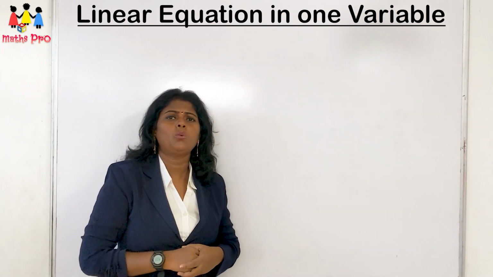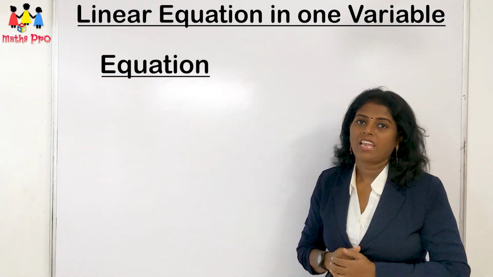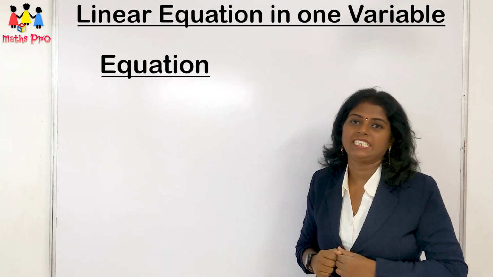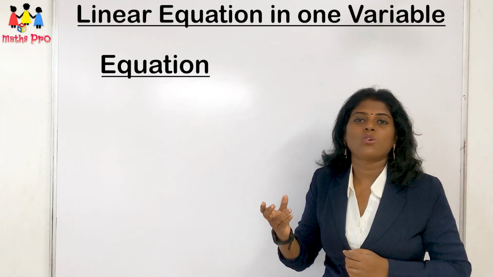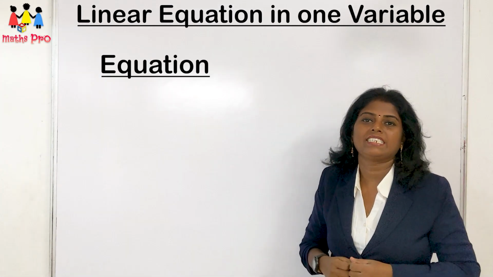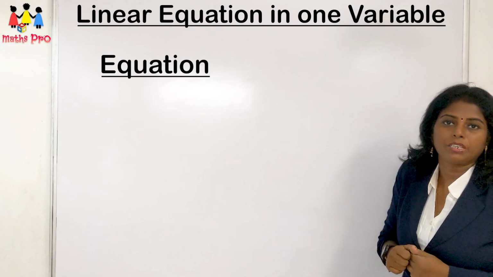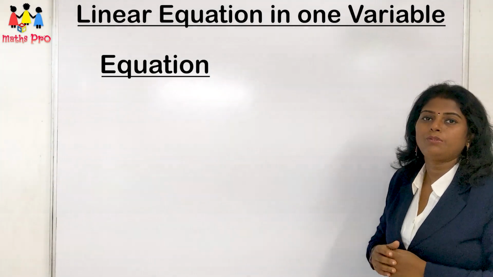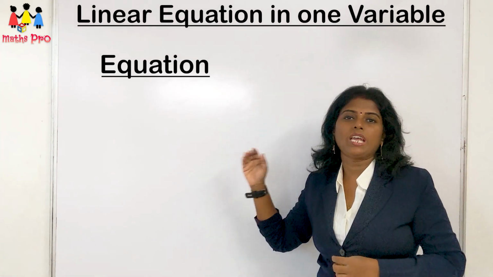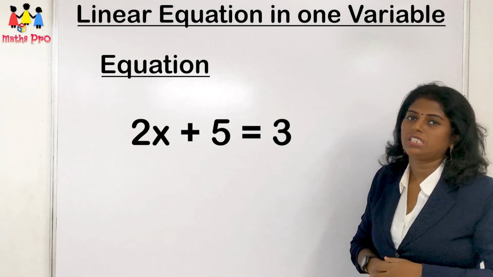So now, what is meant by an equation? Equation means equality. For example, on the left hand side we have some expression, and on the right hand side we have some constant. For example, 2x plus 5 equal to 3.